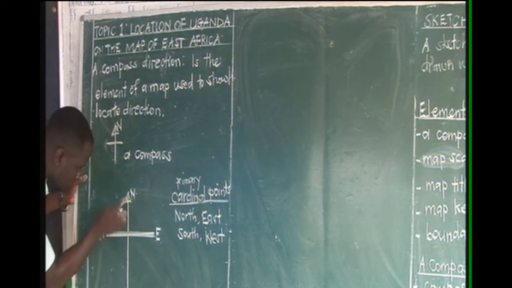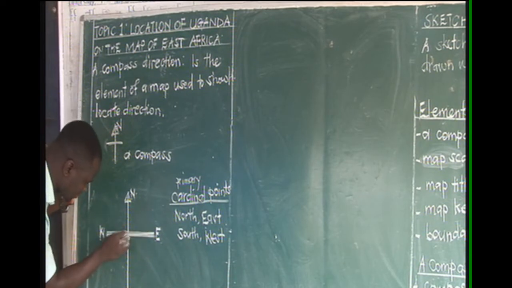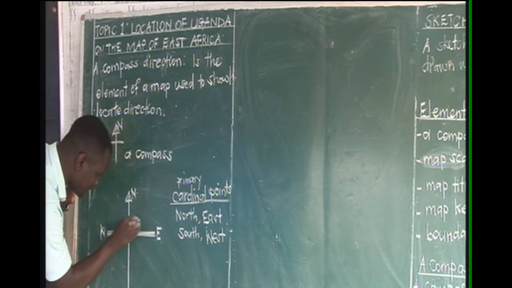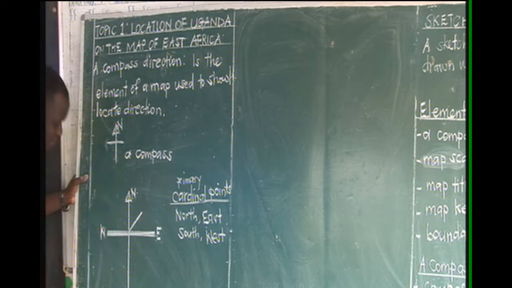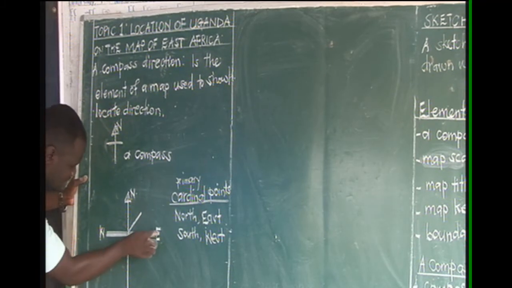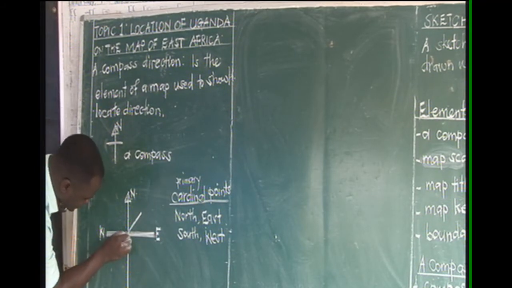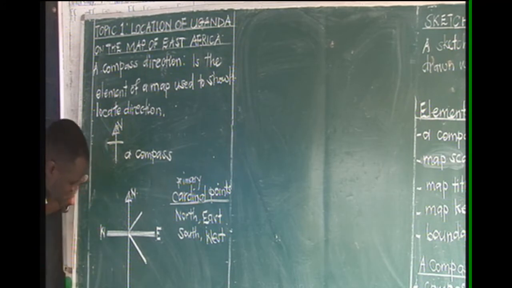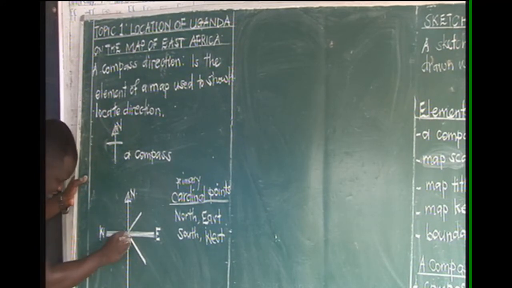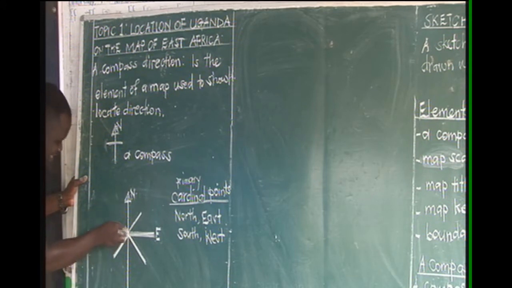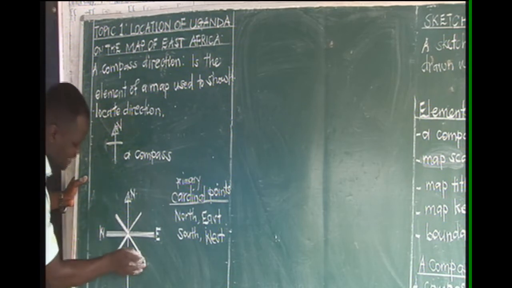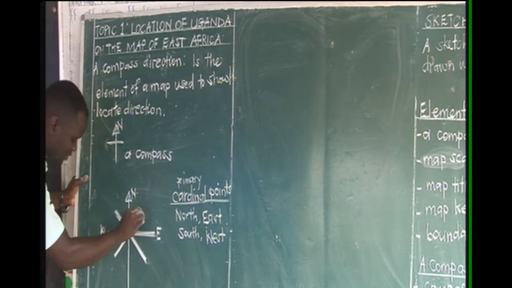For example, between the north and the east, you will find there is another point, another compass direction. Between east and south is another one. Between south and west is another one. Between west and north is another one. So at the end of it all, we shall also have these other ones.